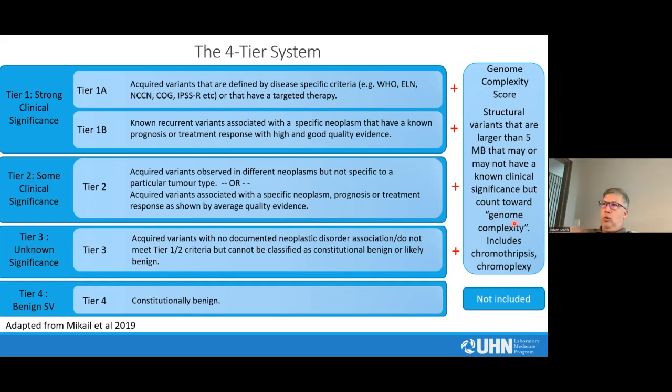But what a lot of us do in that situation is request a peripheral blood from the patient and PHA stimulate it, and then do an analysis on the T cells for non-T cell disease to say whether or not that particular abnormality is a constitutional abnormality. I don't think there's an exit at this time from that scenario.